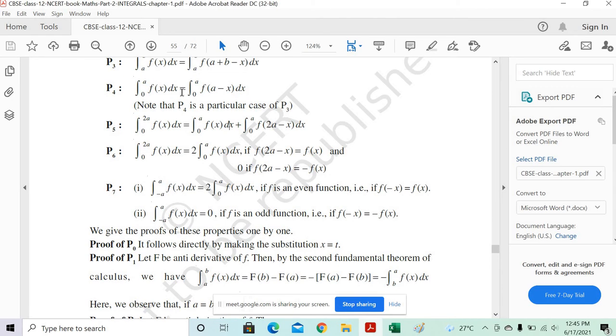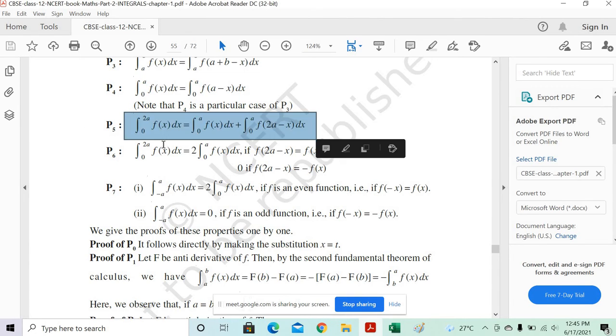Let's go to the fifth property, which is quite important. The integral from 0 to 2a of f of x dx can be written as the integral from 0 to a of f of x dx plus the integral from 0 to a of f of 2a minus x dx. Let's go to the proof.